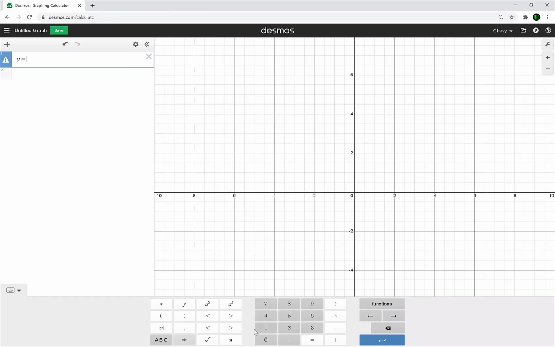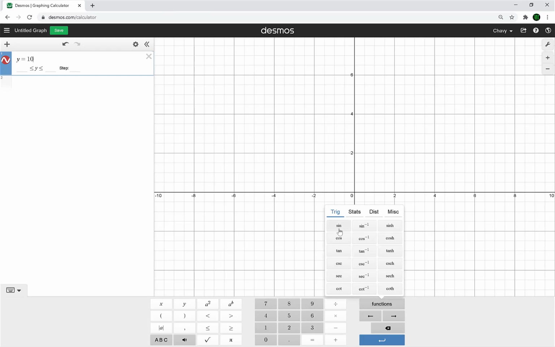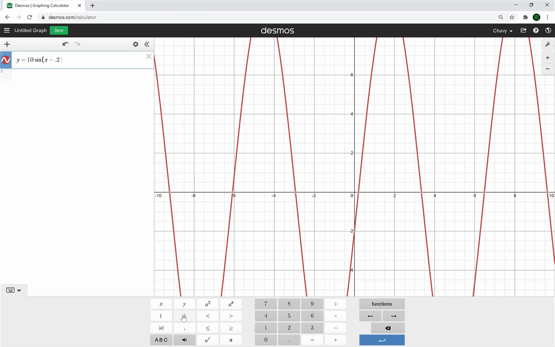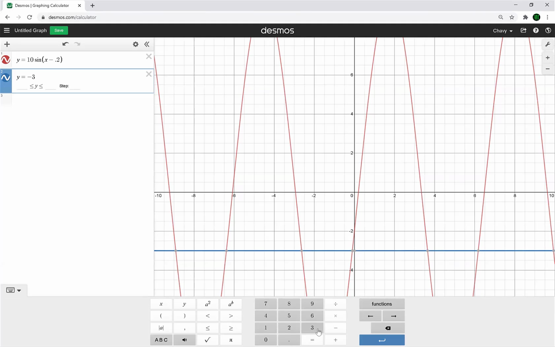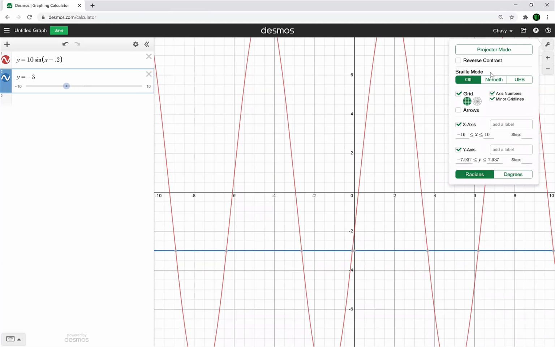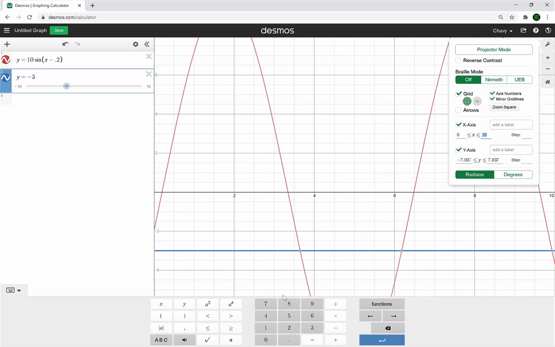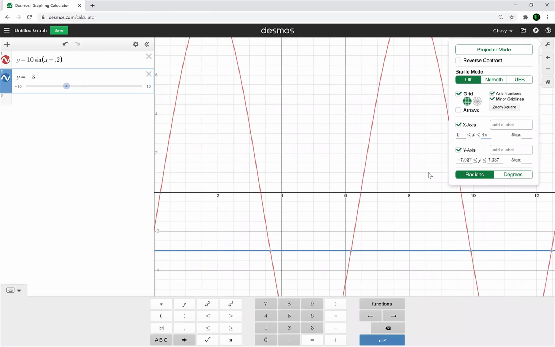Y equals, was it 10 sine x 0.2, got it. And then on the next column, I'm going to put y equals -3. All right, and then I just click on the little wrench here, and I just go 0, and then I just push 4 pi on that one, 4 pi.